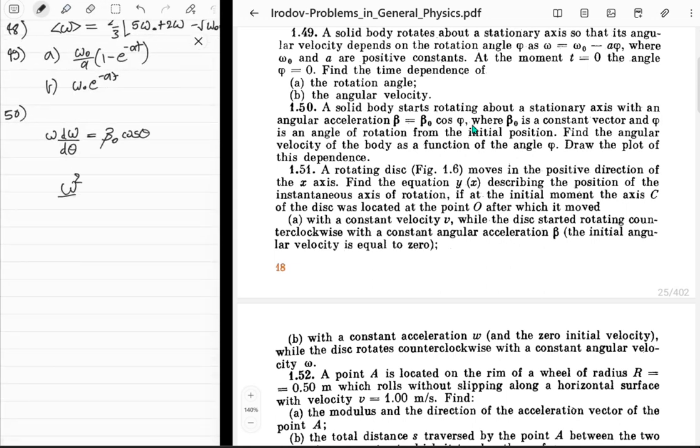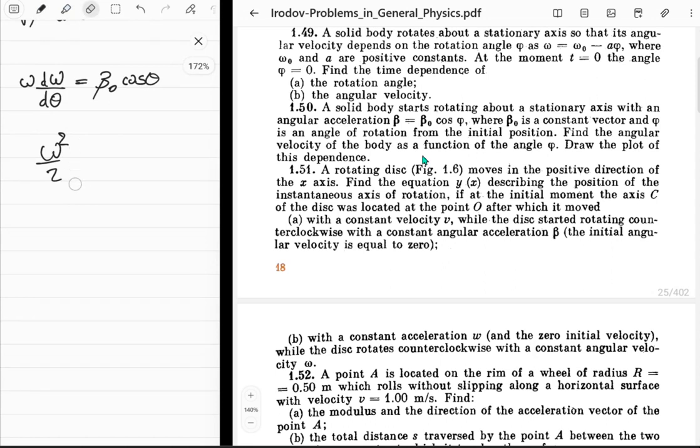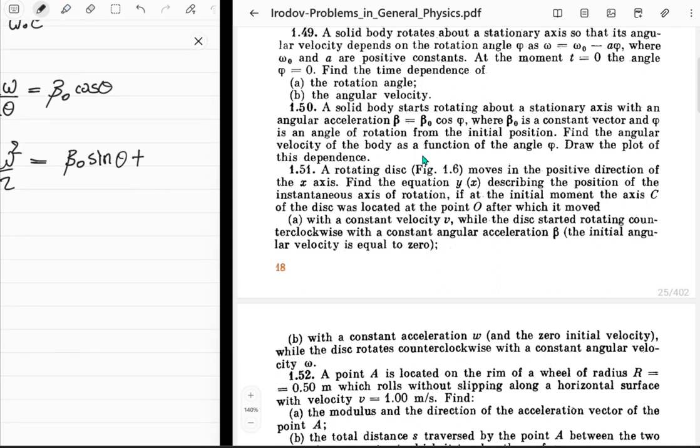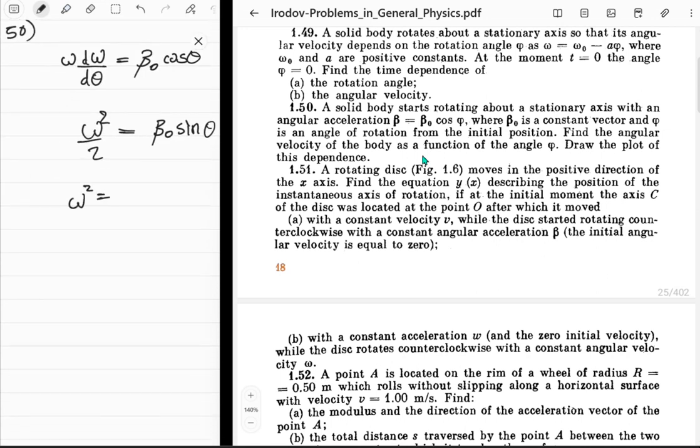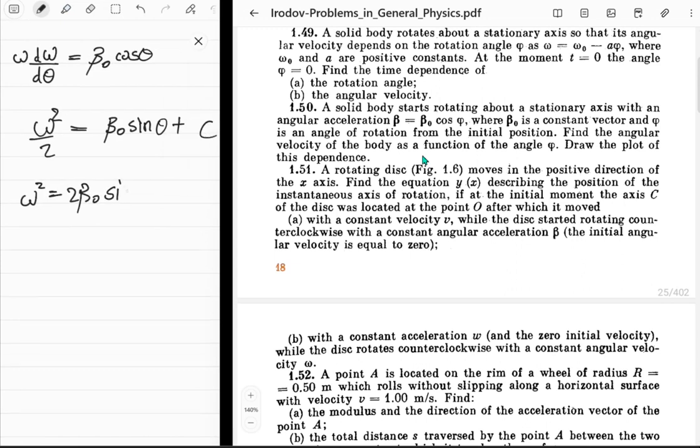Omega squared upon 2... indefinite integration just gives us beta naught sine theta plus some kind of constant. So omega squared is equal to 2 beta naught sine theta plus some constant.